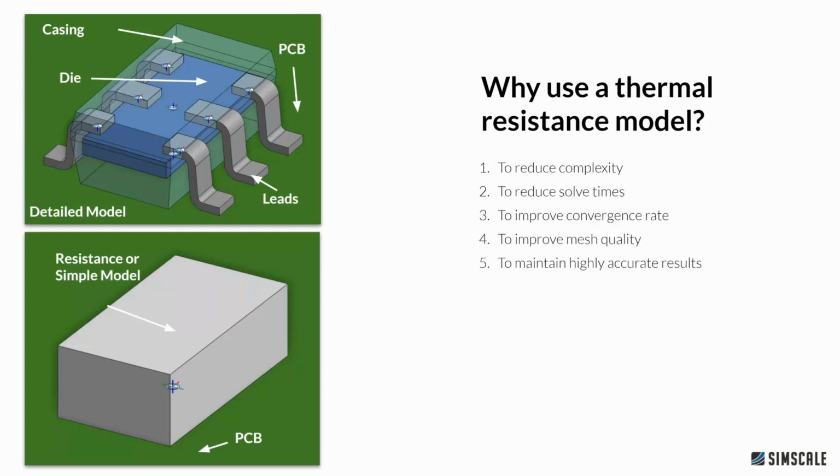And that is what we call a simple model. It's got no discrimination about where the heat is going. All the surfaces are going to be approximately of the same temperature. And that's going to apply the correct amount of heat to the system.